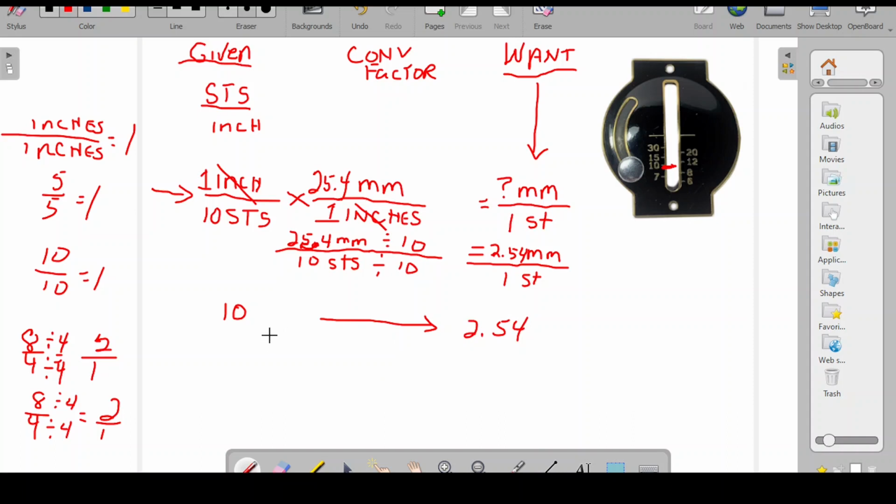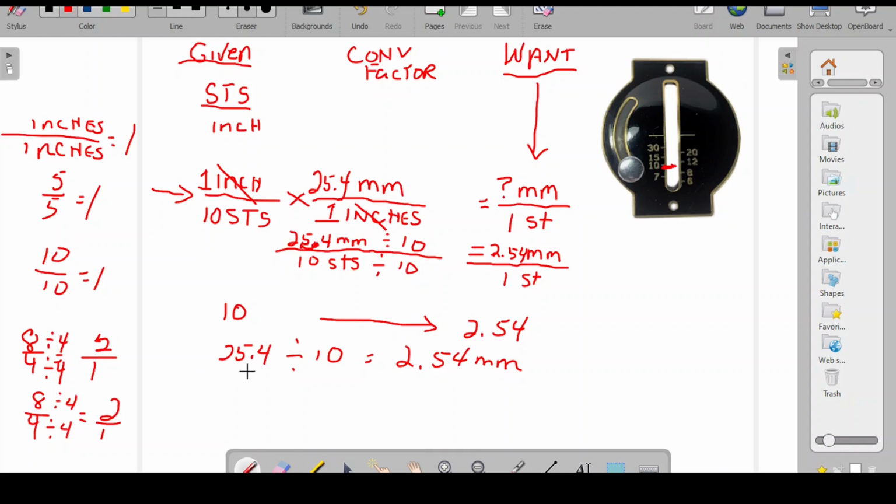You basically took 25.4 and divided it by 10. That's really all you did. So whatever number is here, if you want to know how many mils it is, just take 25.4 divided by that number, and that'll give you your answer in mils. Because 25.4 millimeters is the same as 1 inch.